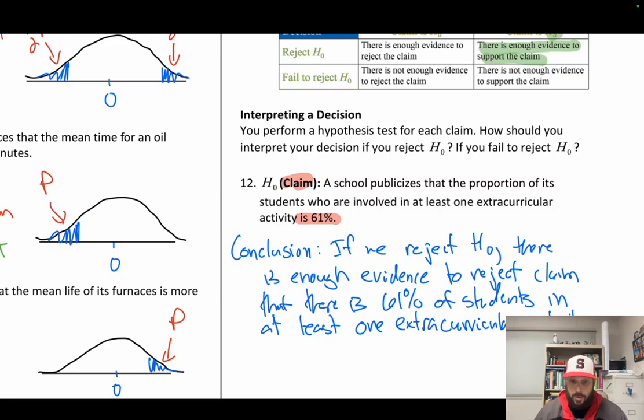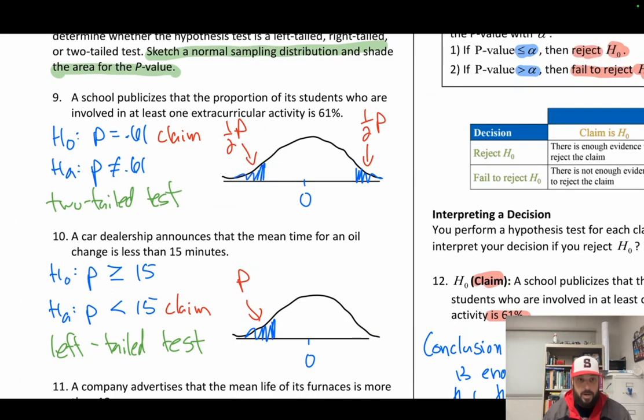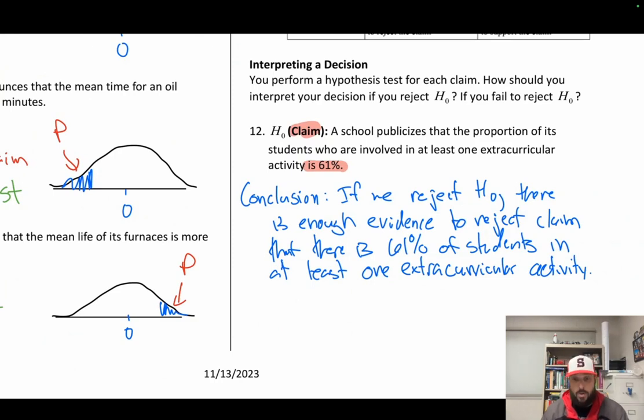Now, this could go either way, because if we go back, it's a two-tailed test. They're claiming a specific value, so the proportion could actually be greater than or less than. That's why it's the two-tailed test. We're not going to figure that out right now. We're just saying there is evidence to reject this claim. And therefore, we're going to reject our null hypothesis.